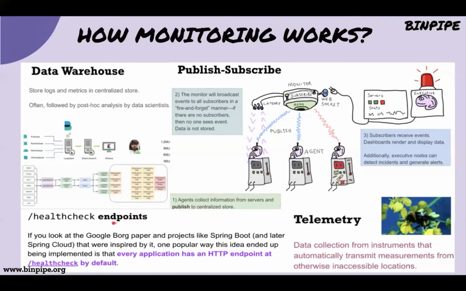Then there is another way of monitoring called health check. If you have gone through some of the previous CI/CD videos, you will see we installed a Spring Boot Java application. Those kinds of web applications have a health check page. For example, if the website is google.com, you write google.com/health or something like that.